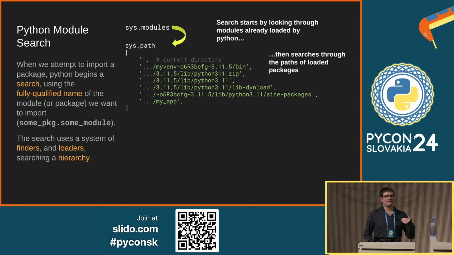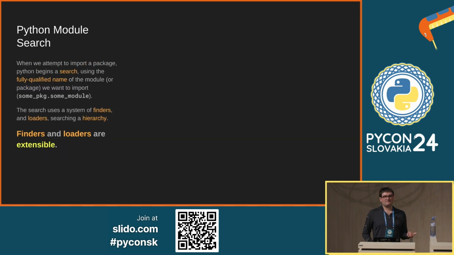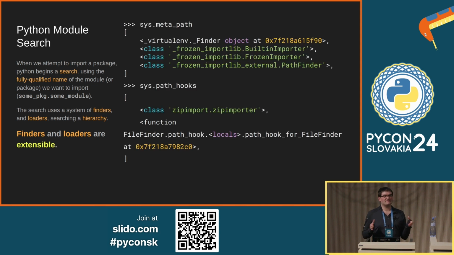Then we look at the available paths in our sys.path at that point, and then we iterate through the various path attributes of the modules that have already been loaded until we find something that might match the name of the package we're trying to import. There's then a way of resolving conflicts if more than one package of the same name is found.